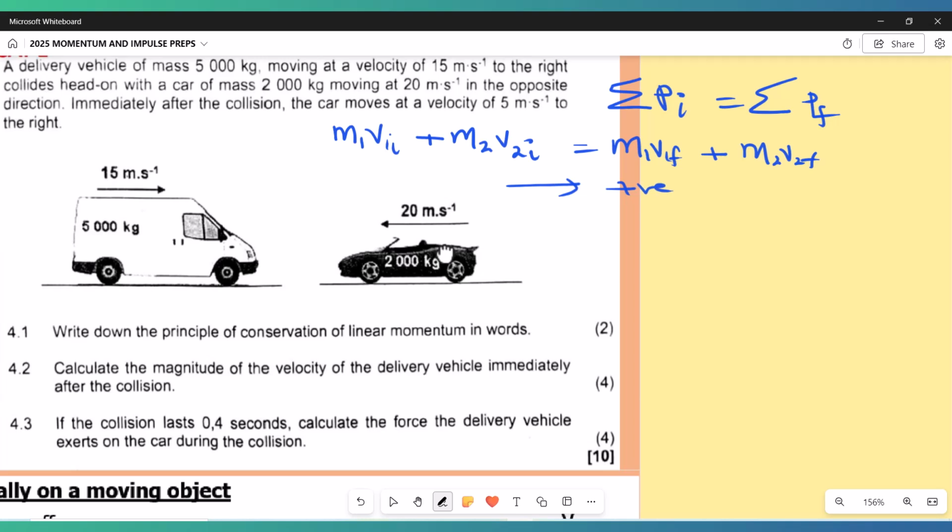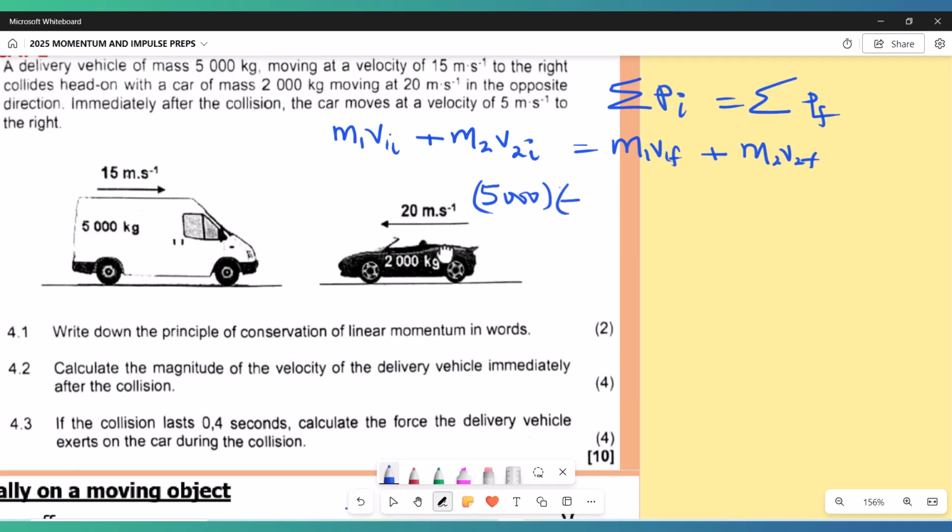The mass m1 that we know is 5,000 kilograms, the mass of the van. The initial velocity for the van is positive 15 because it's pointing to the east.